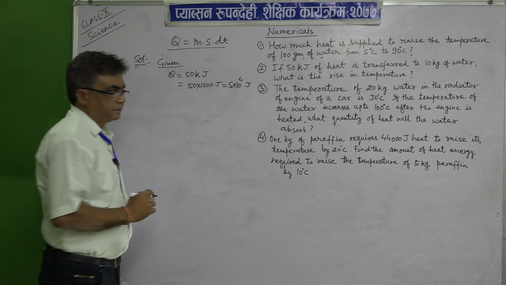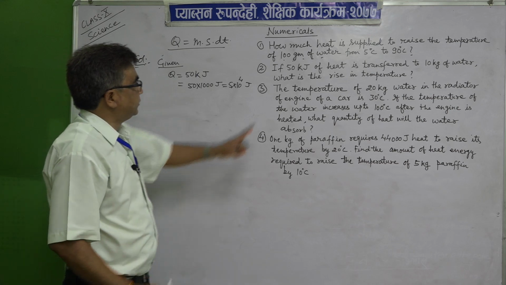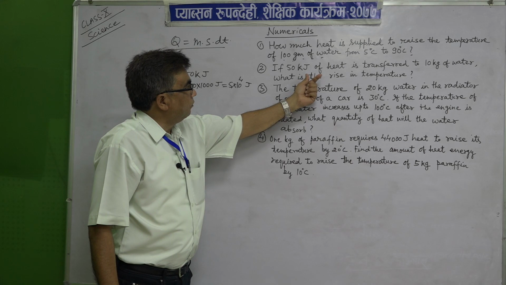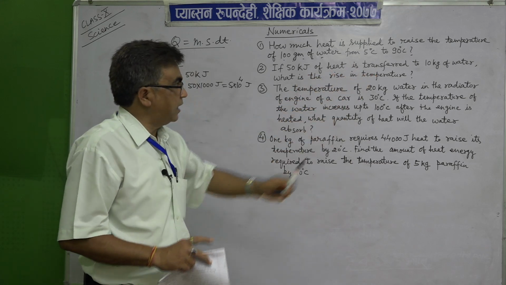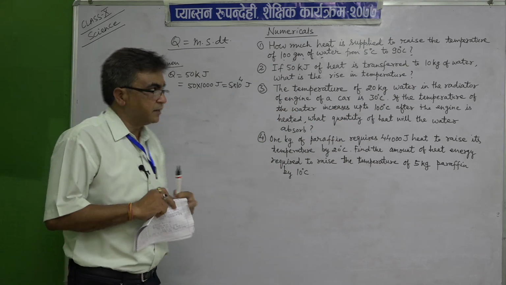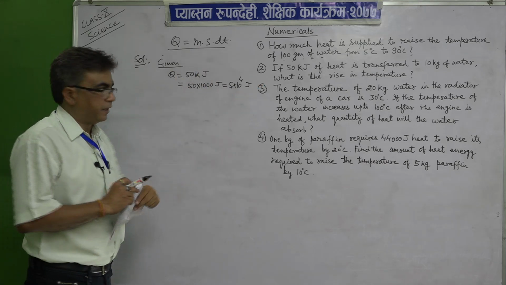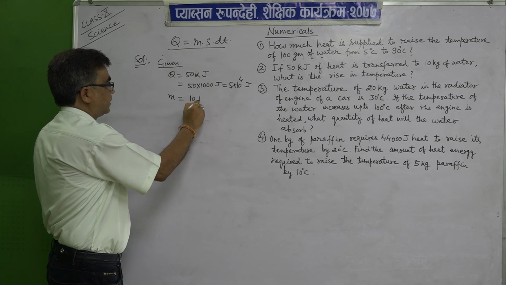Clear? This given we already know. Heat is transferred to 10 kg of water. Kg is the unit of mass, so in this formula M is given, M is 10 kg.